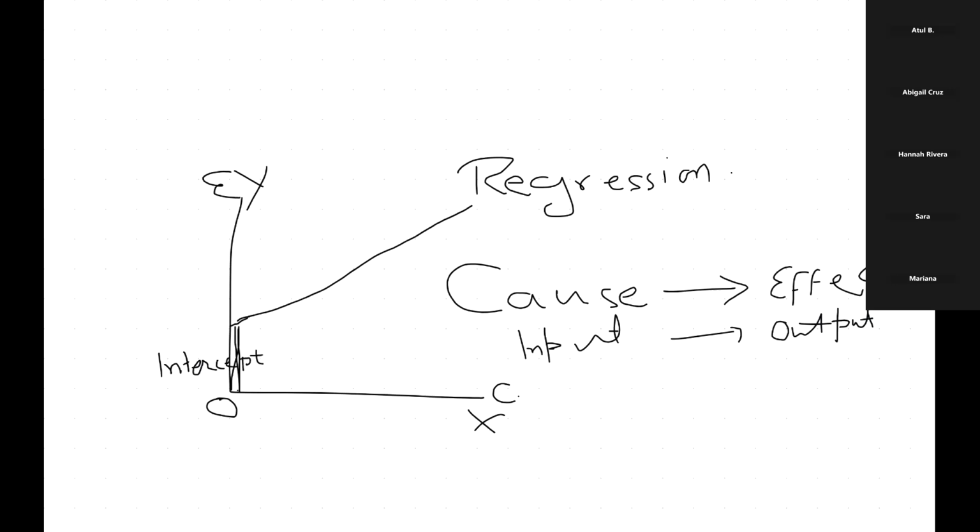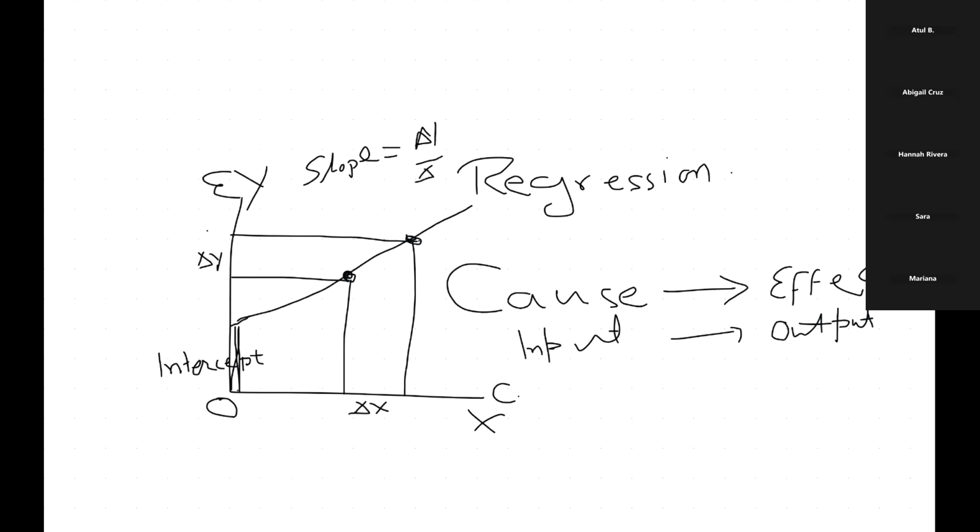And if you put 2 points on the line, any 2 points at any place on the line, you draw the horizontal and vertical lines. This is the difference in y, and this is the difference in x. So if I want to know the slope, I can get it. Slope equals difference in y divided by difference in x.